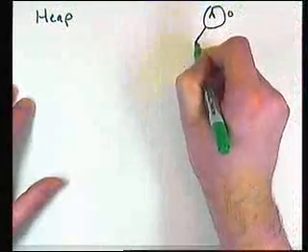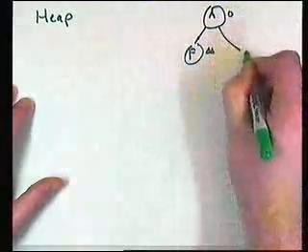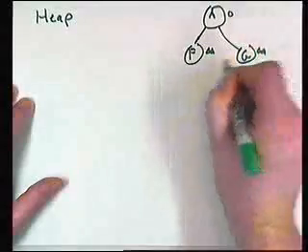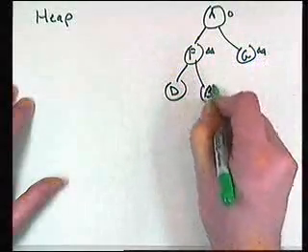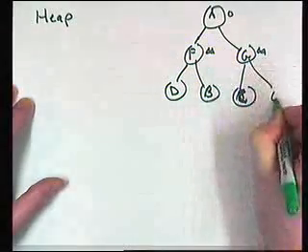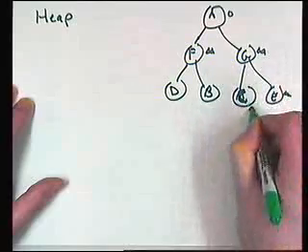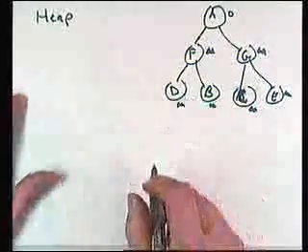And then I'd have here, well, F has priority infinity, and G has priority infinity, and I'd have here D and B and A, C and E. And so we'd start out with every node having priority infinity except for A, which has priority 0.